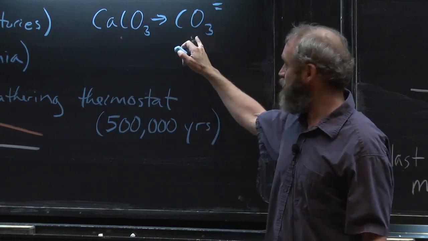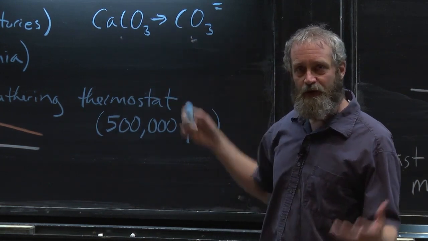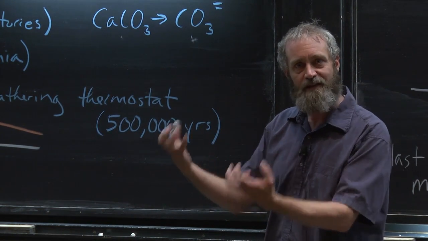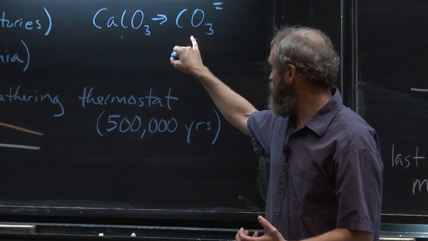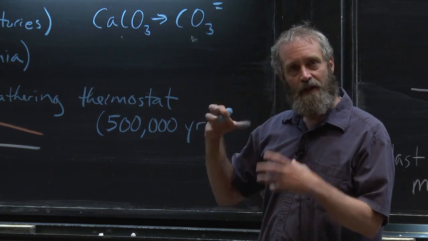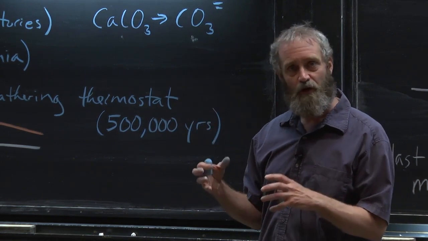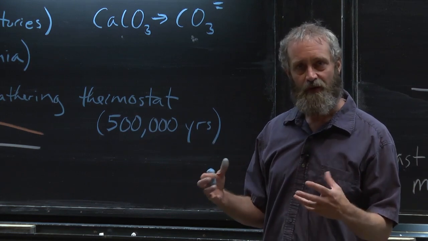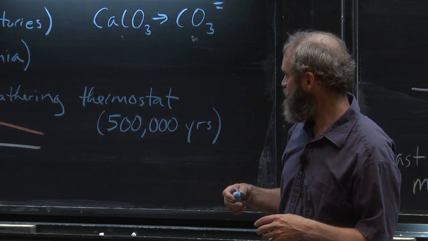And when it does that, it replenishes the carbonate ion, which as the reaction partner of CO2, it's sort of like anti-CO2. When you replenish that carbonate ion, you allow the ocean to take up a little bit more CO2 because you're restoring the chemical buffer of the ocean.